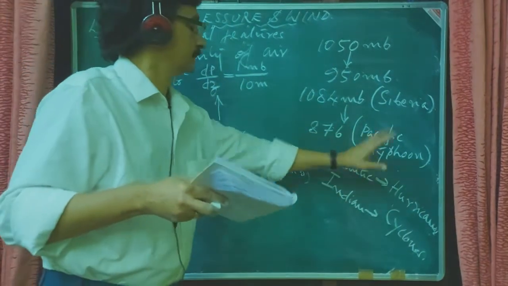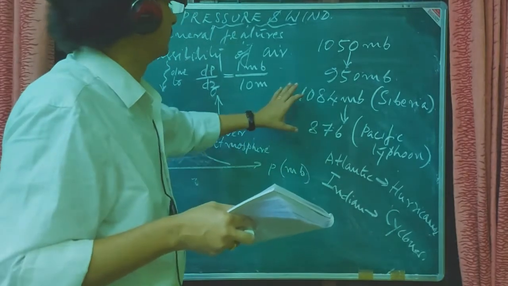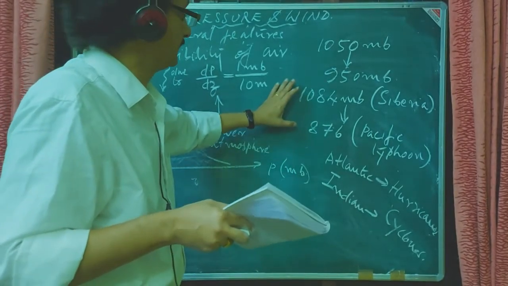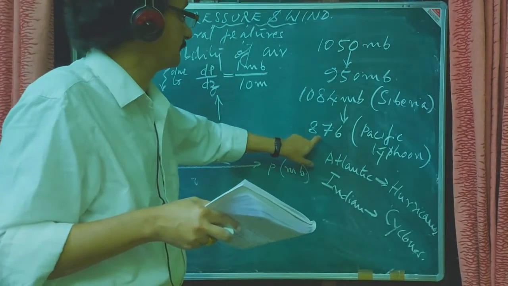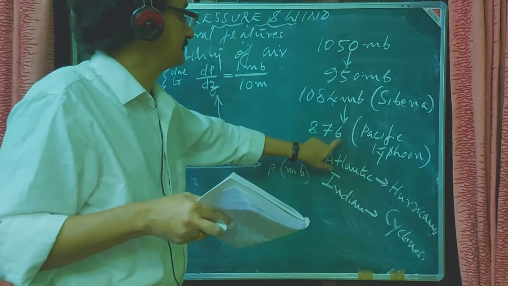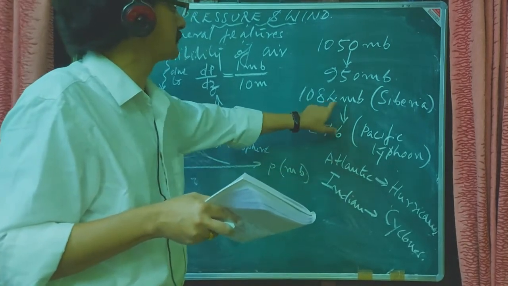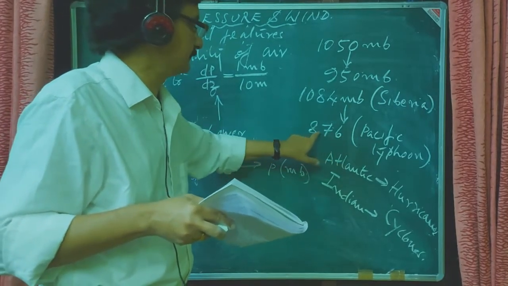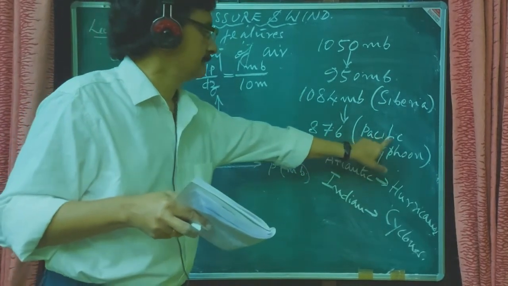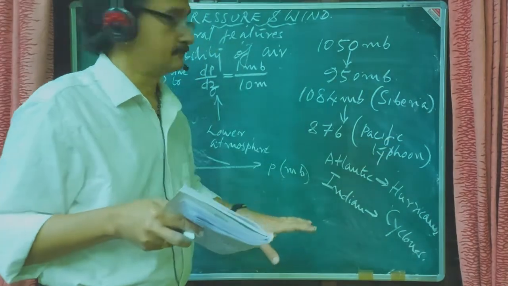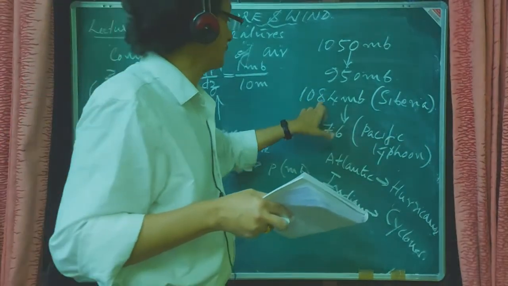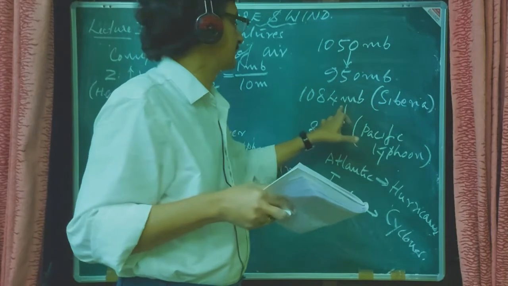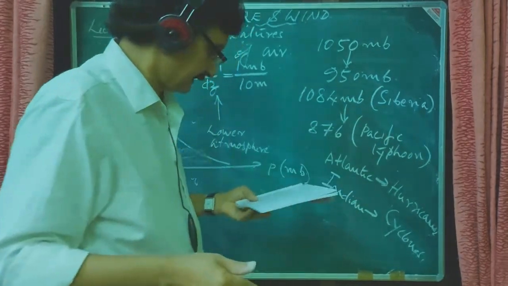These are the various names. So the horizontal pressure variation globally can range from 876 millibar to 1086 millibar. The extreme lowest value can be experienced over the region of a Pacific typhoon, and the extreme highest value over the Siberian area.